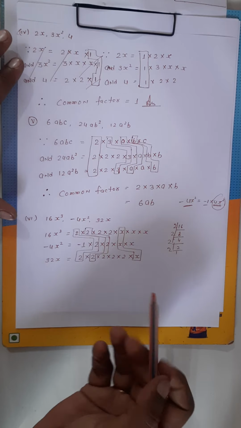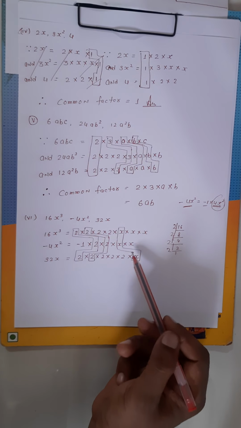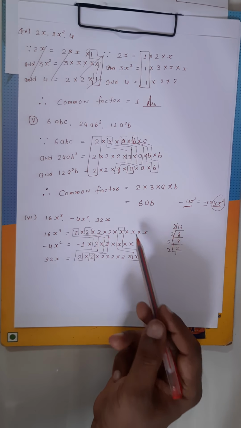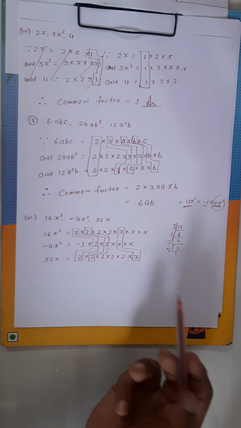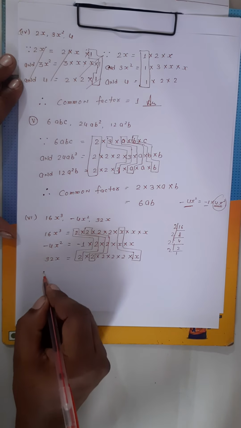For the common factor we have to see that the variable or number should be present in all terms. So there is no extra x in all terms. So 2 into 2 into x will be the common factor.